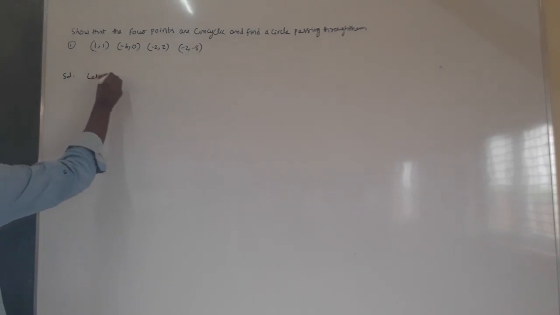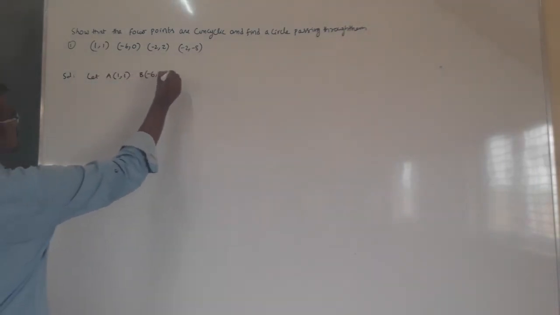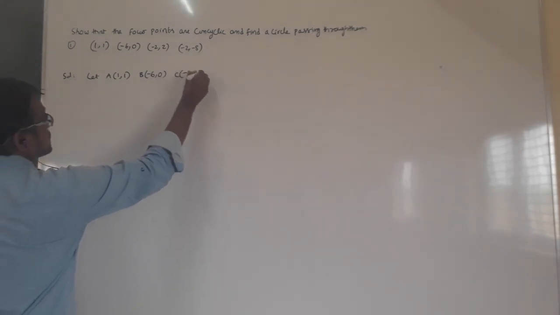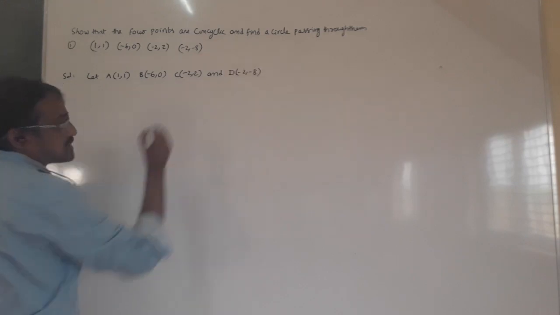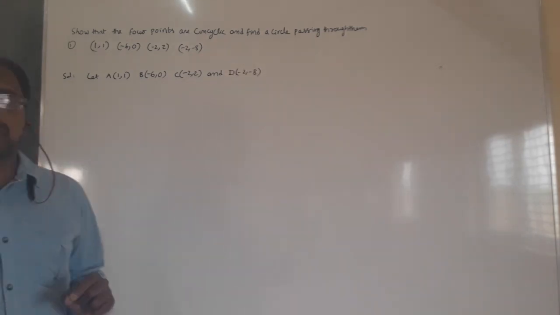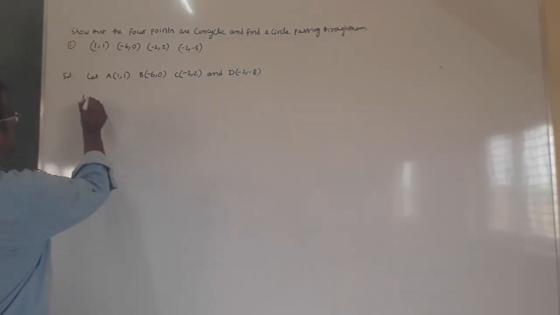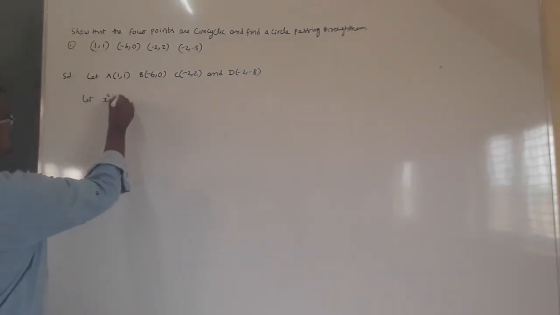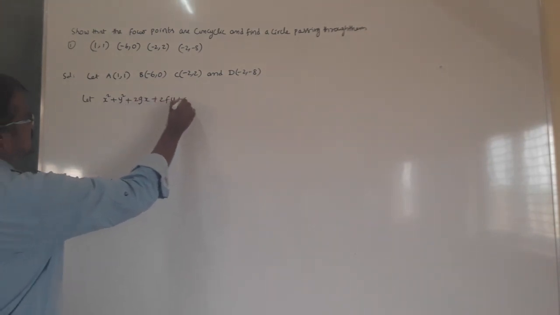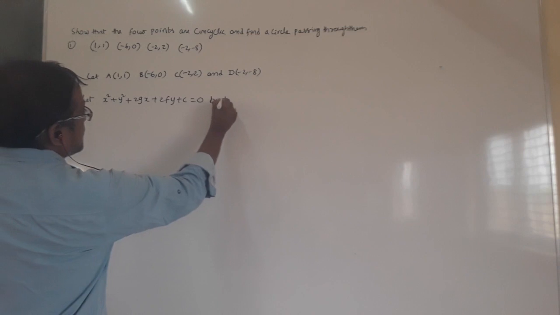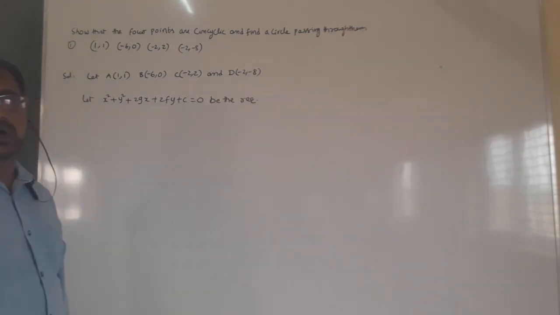Let A (1, 1), B (minus 6, 0), C (minus 2, 2) and D (minus 2, minus 8) be the given 4 points. Now let x square plus y square plus 2gx plus 2fy plus c is equal to 0 be the required circle passing through those 4 points.